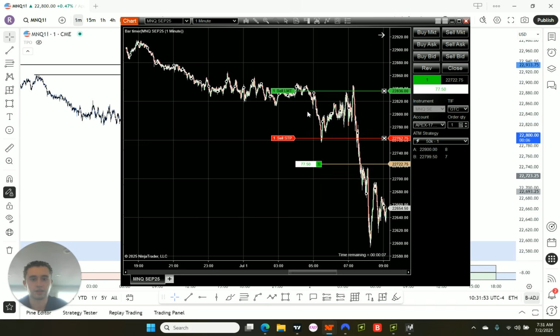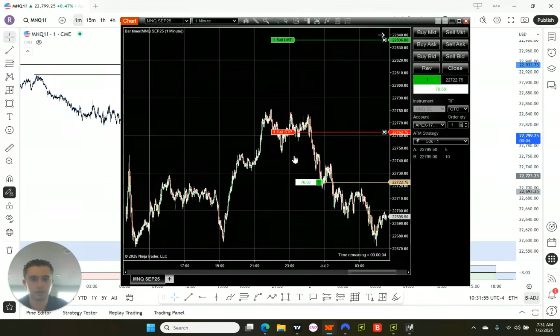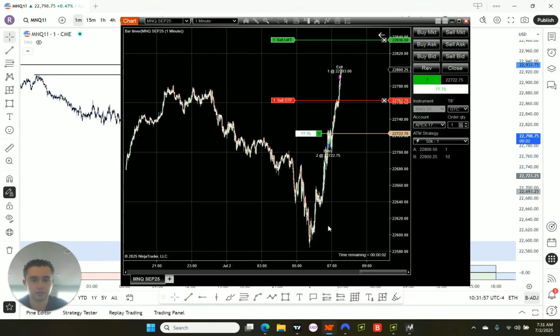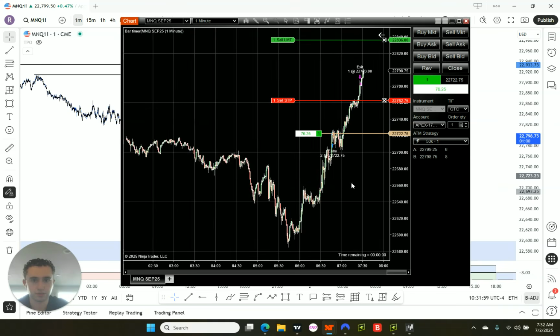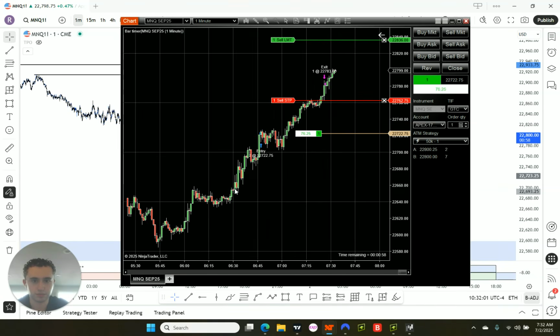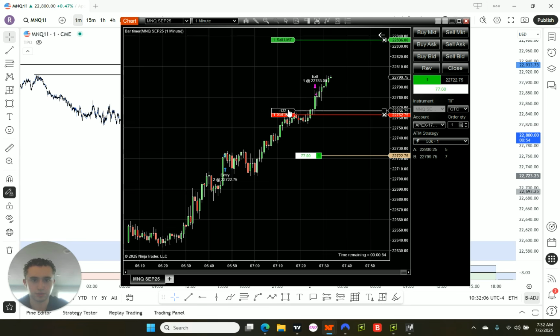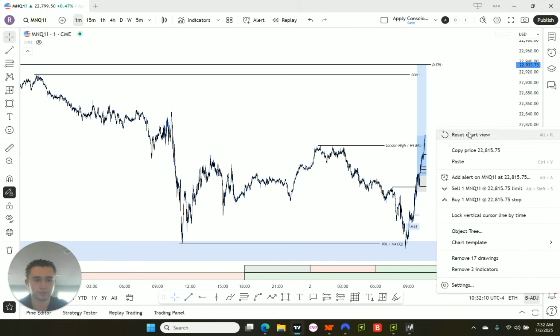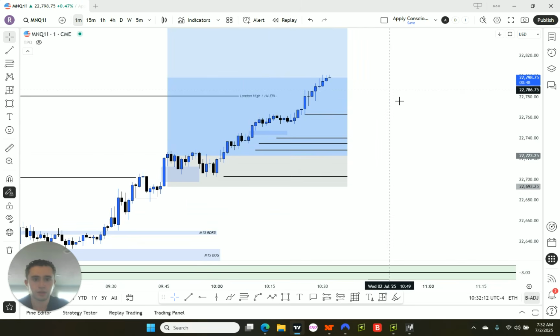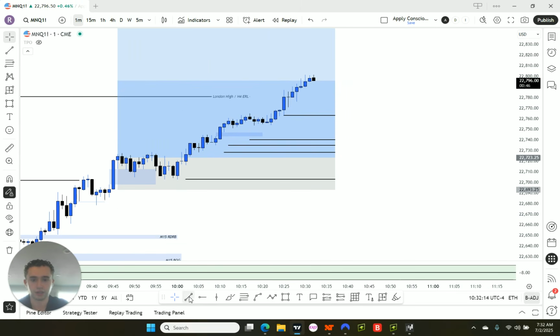Something like that would be pretty dope if that hit. I'll trail my stop loss up to this low. I don't want to see a big correction on this.